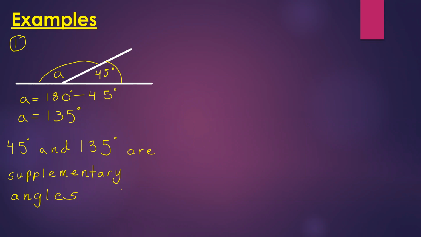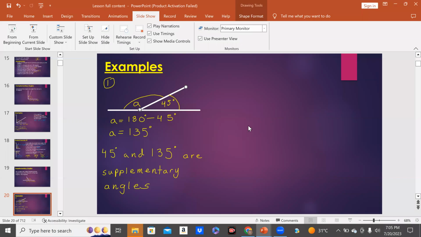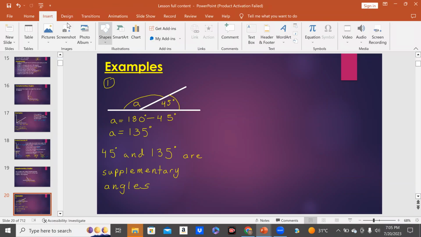Okay. Speak proper English then. They are not 180 degrees, they add up to 180 degrees. That's what we mean. You understand that? Destiny, I'm talking to you. Do you understand that? Yes, sir. All right.